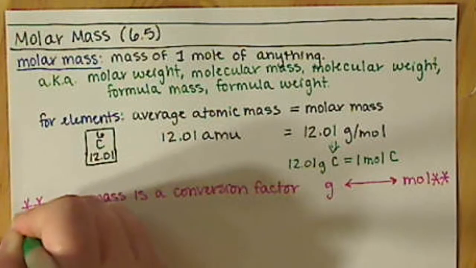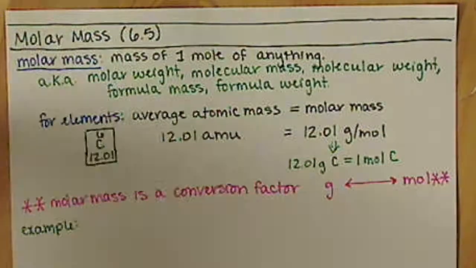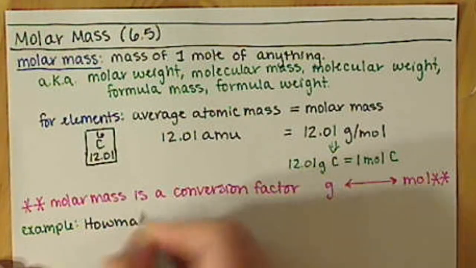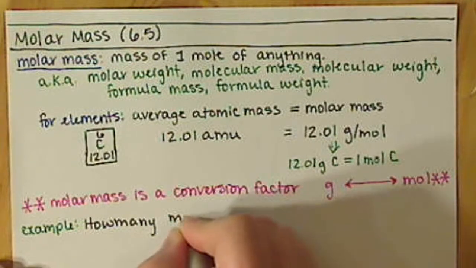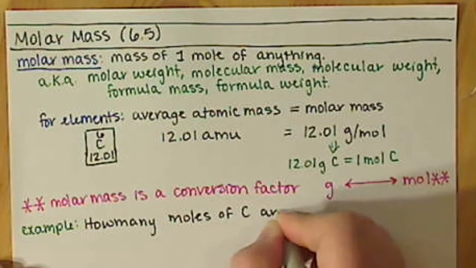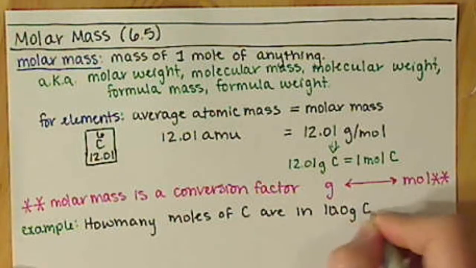So let's look at an example. Let's look at how many moles of carbon are in 10.0 grams of carbon.